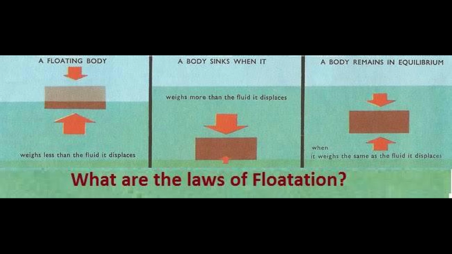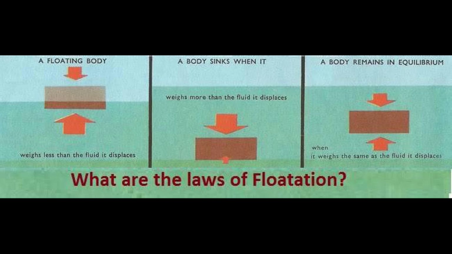Why is it so? Because cork, oil, wood, they all have less density than the water. That means they have less density than 1 gram per cubic centimeter. That is why they keep floating. Whereas iron, stones, pebbles have more density than the water. That is why they sink.